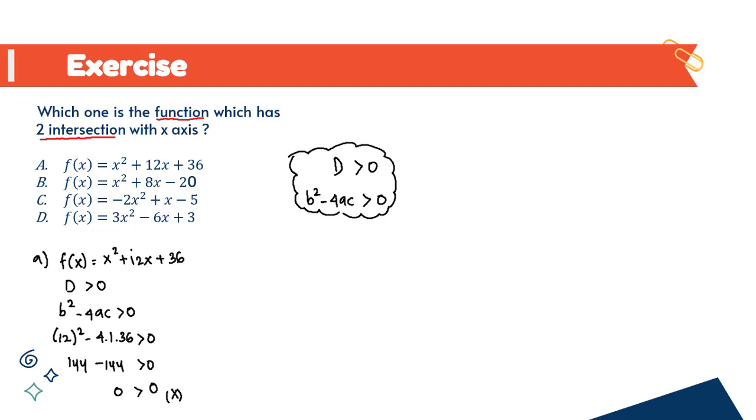So let's move to the next option. f(x) is equal to x squared plus 8x minus 20. D is greater than 0, and you can do the calculation.